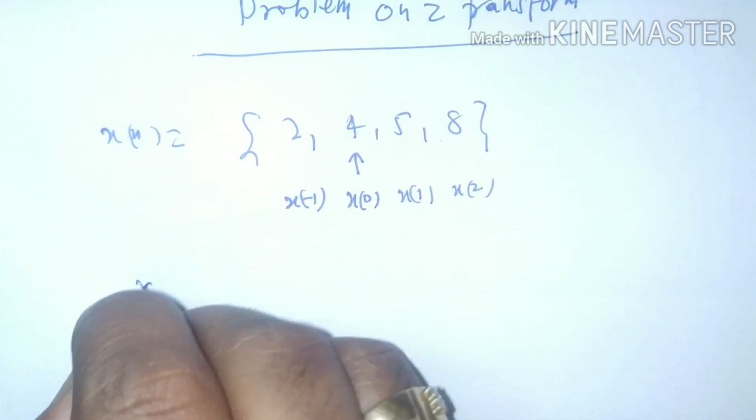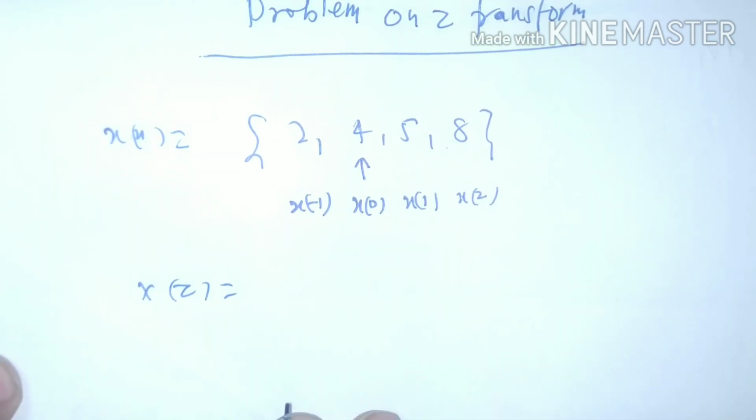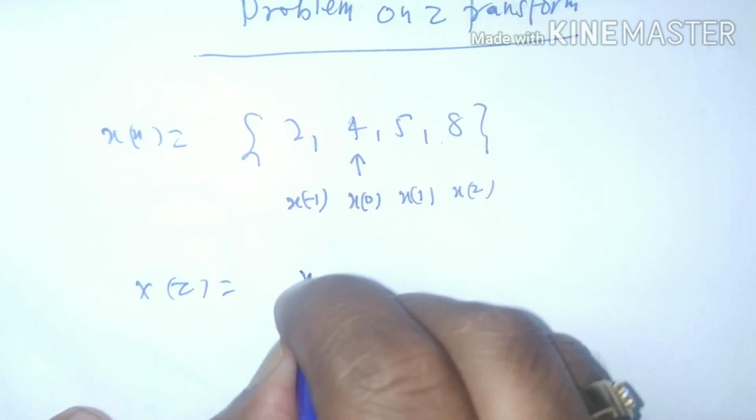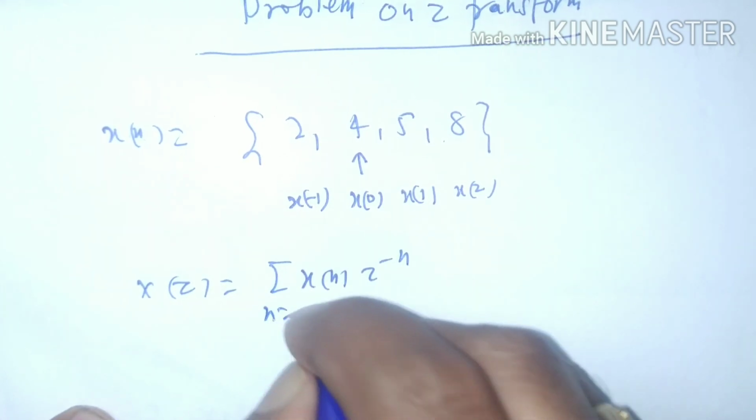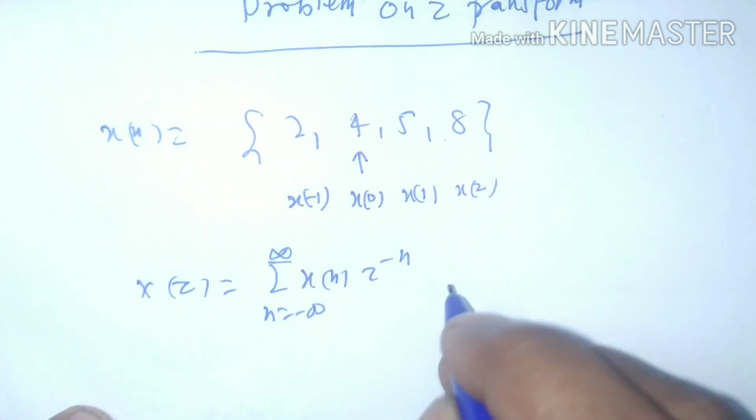We know the formula of Z transform is X(z) equal to the summation of x[n] z to the power minus n, n equal to minus infinity to infinity.